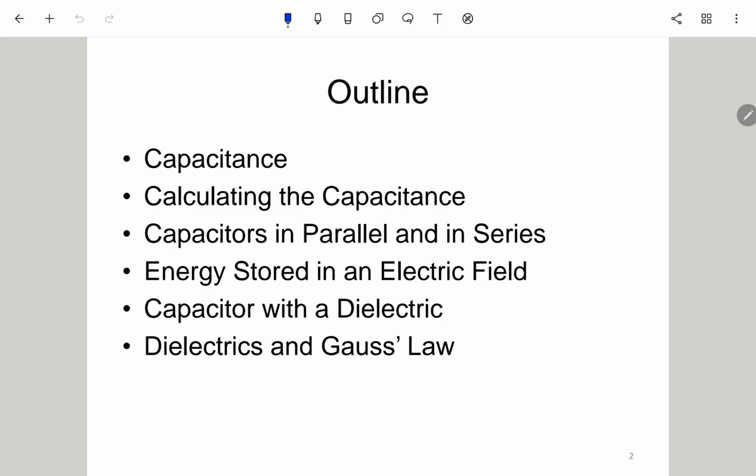So there are three fundamental circuit elements. One is the resistor, one is the capacitor, which we'll talk about in this chapter. For the resistor, we'll talk about it in the next chapter, chapter 26, and we'll talk about the inductor in chapter 30. The capacitor and inductor store energy.